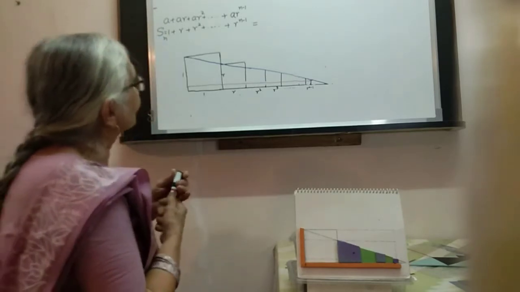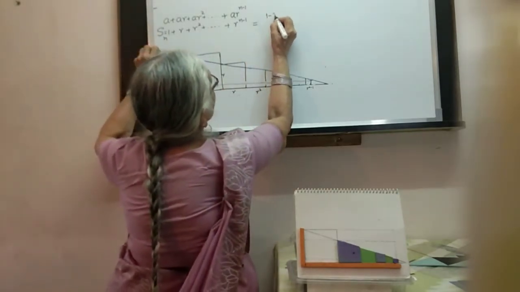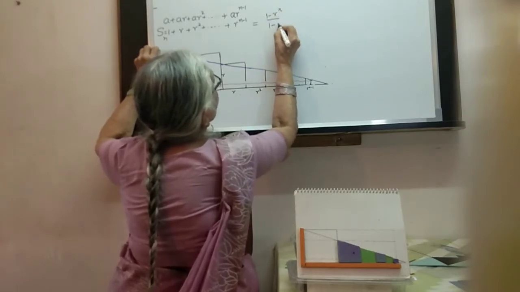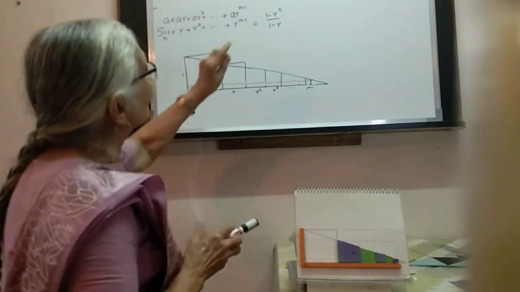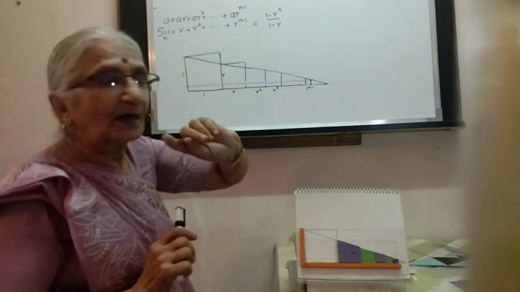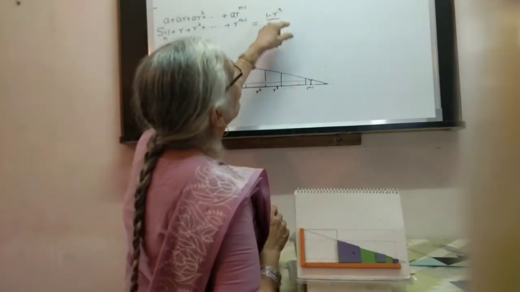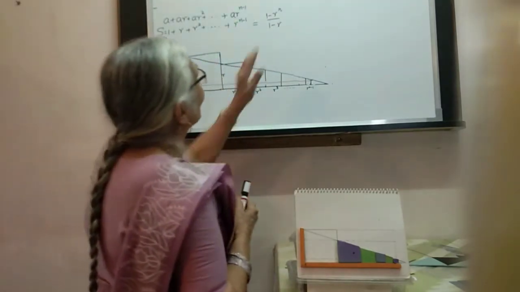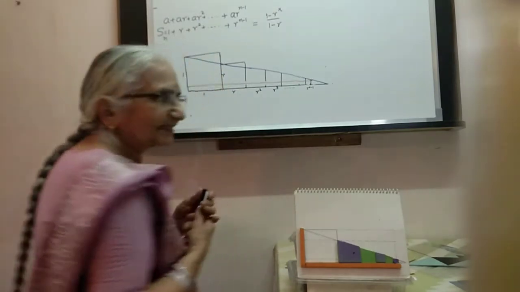Now the result is, of course, I write it down here. It is 1 minus r raised to n upon 1 minus r. Here, if we take r greater than 1, you can see that if you take, say, 2 raised to 3, 4, 5, it will get larger and larger, and it will be r raised to n minus 1 upon r minus 1, but it will be a very large number.